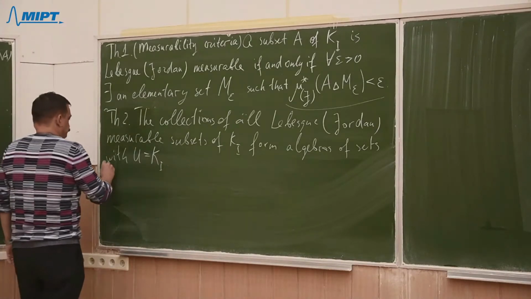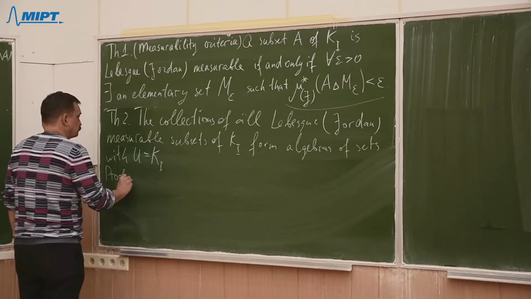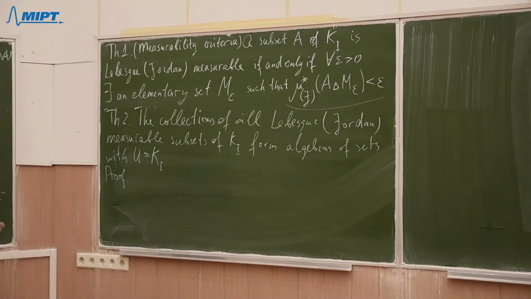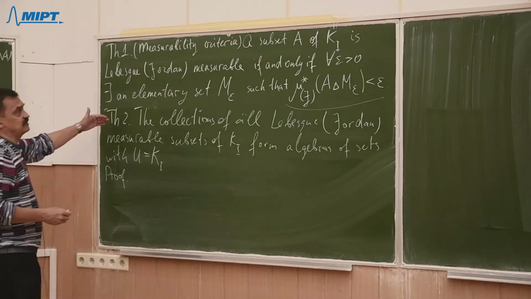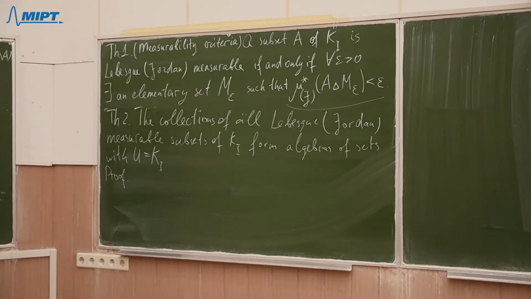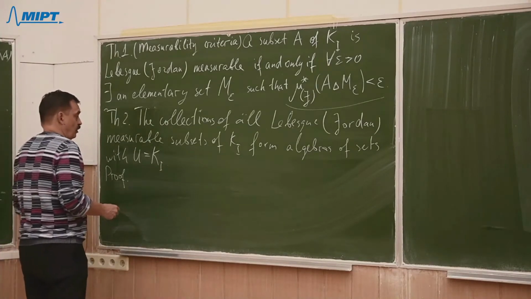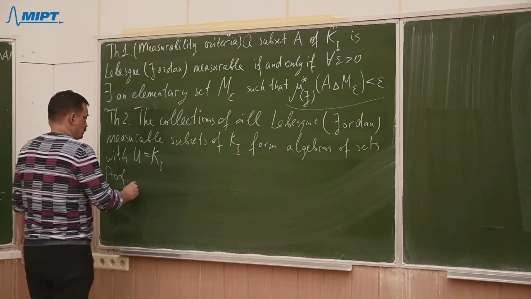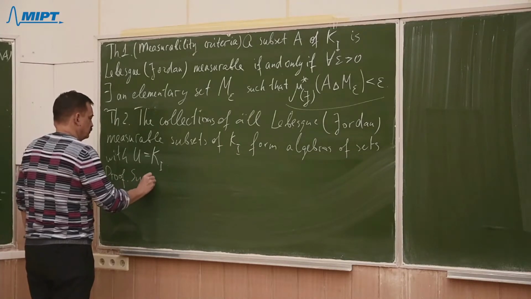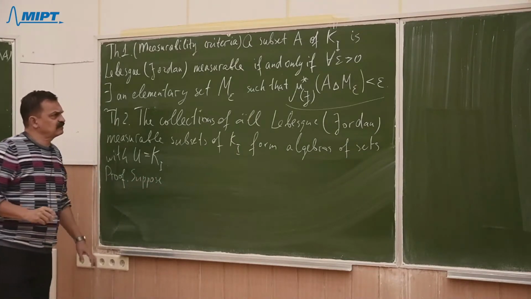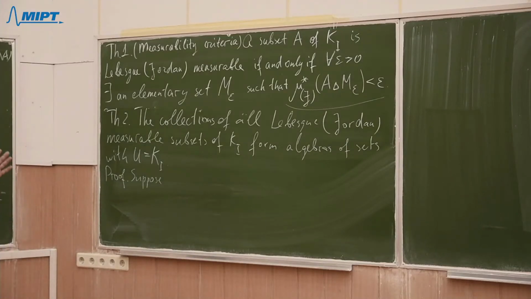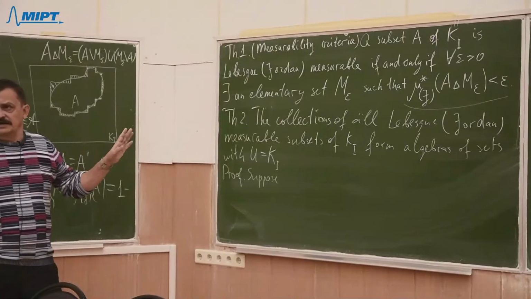So, proof. In fact, the best is to use this measurability criterion. So suppose, in fact, both proofs, for Lebesgue and for Jordan, are absolutely identical.